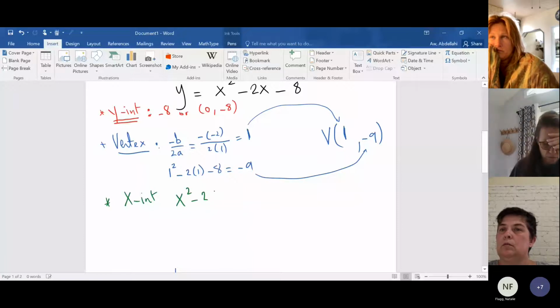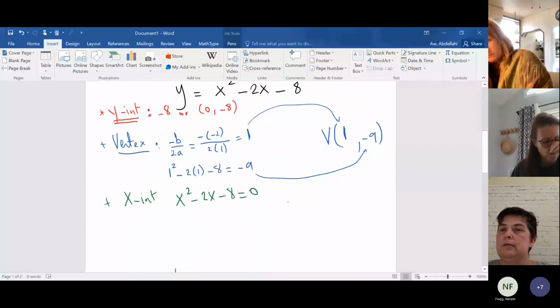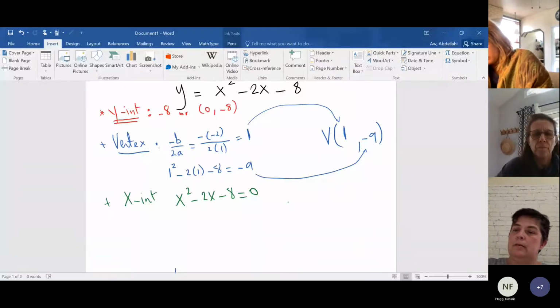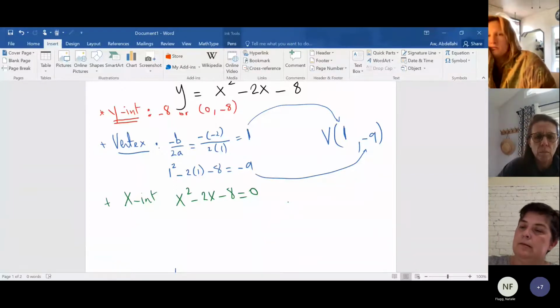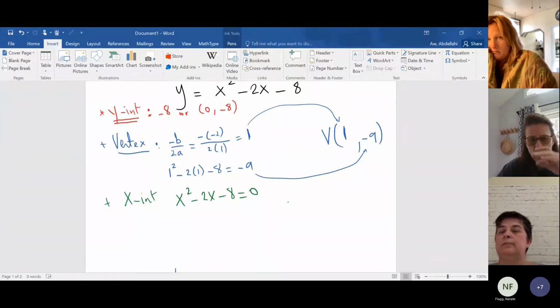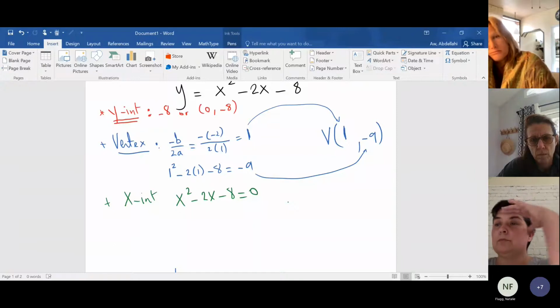Now I have to go through my toolbox, which means, do I have to factor? Do I have to use the quadratic formula? If the example looks nice, I'm going to try to factor real quick. If the example does not look nice, I just go ahead and use the quadratic formula, right?